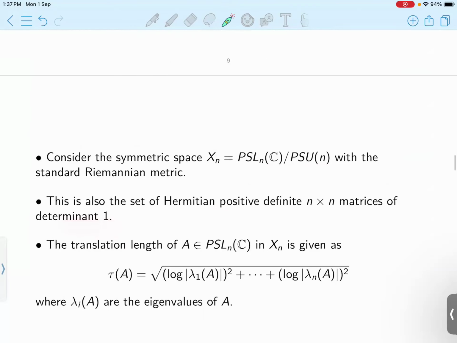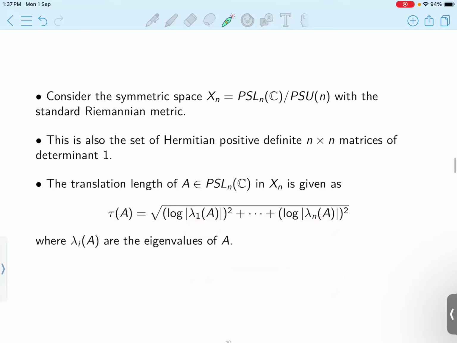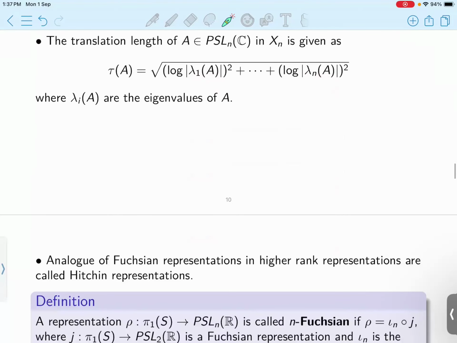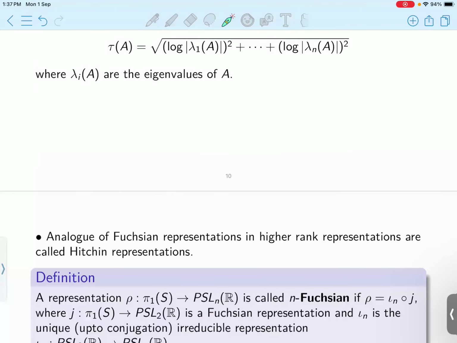The translation length of an element A in PSLnC in the symmetric space X_n is given by the square root of the sum of (log |lambda_i|) squared, where the lambda_i are the eigenvalues of A. Now, the analog of Fuchsian representations in higher rank are known as Hitchin representations.